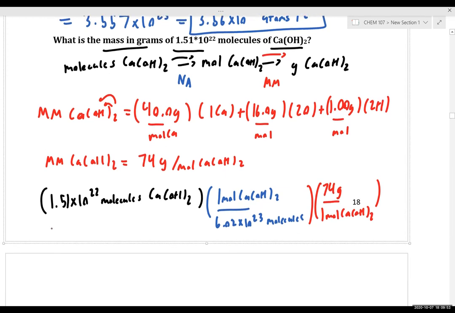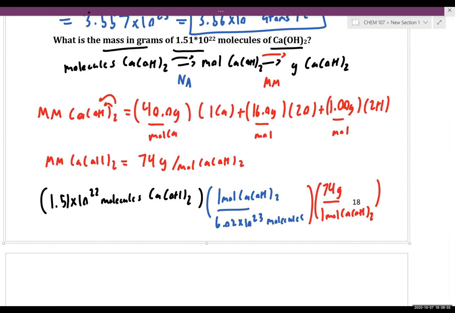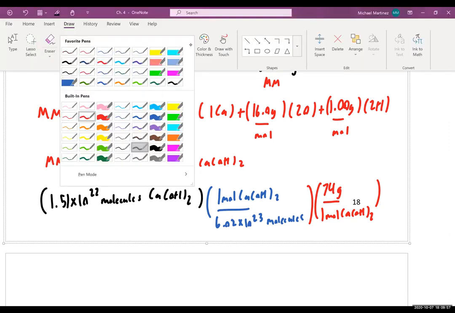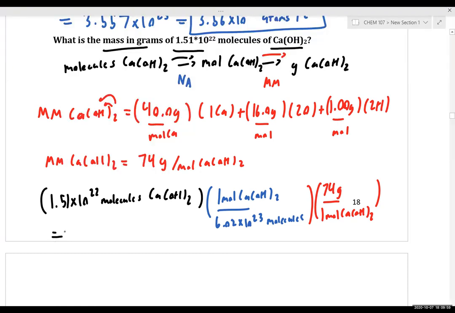Punching this into our calculator gives us a final result. Remember, enter Avogadro's number in parentheses.